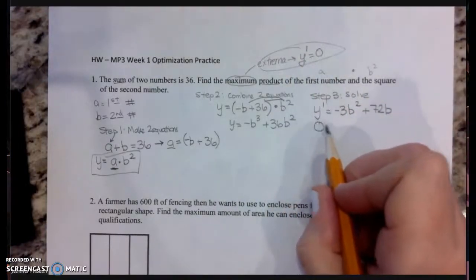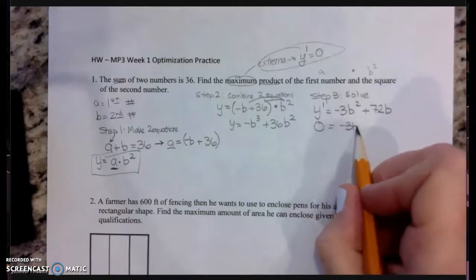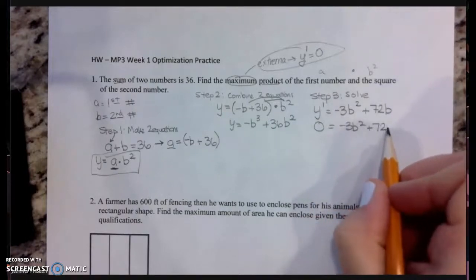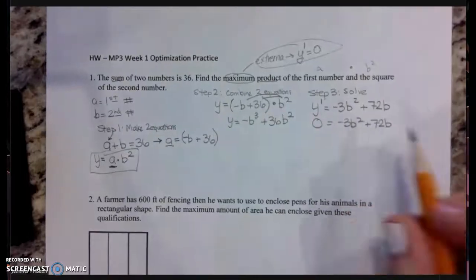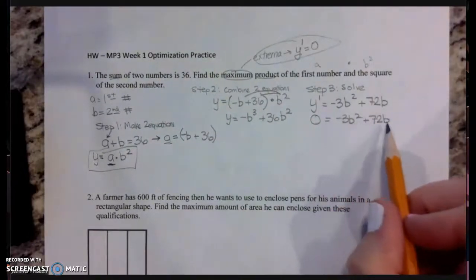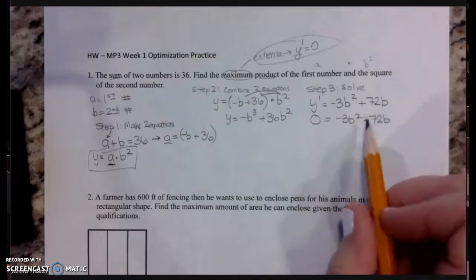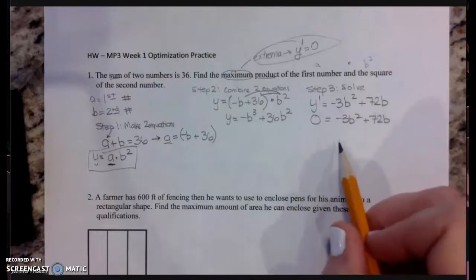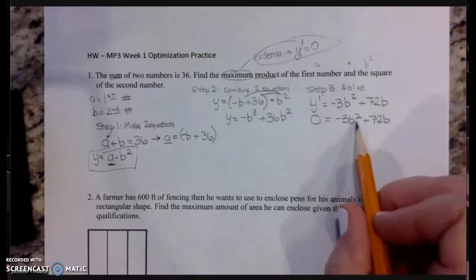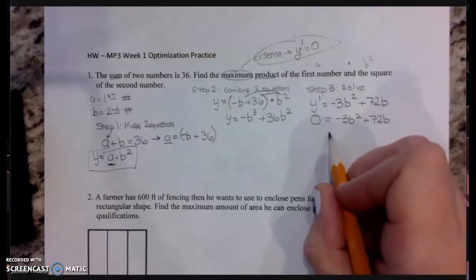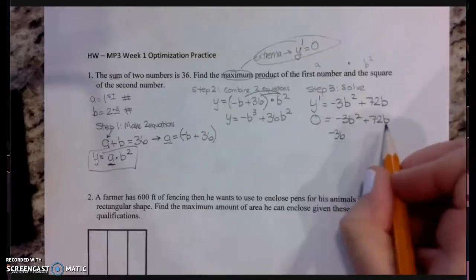Well, great, I have the derivative, but extrema happen when that derivative equals 0. So I'm going to put 0 here. And I have 2 b's, so I'm going to have to factor because I'm probably going to have 2 solutions because of this power of 2 as well. So I would love this to just be a b, so I would have to take out a negative 3 and a b.